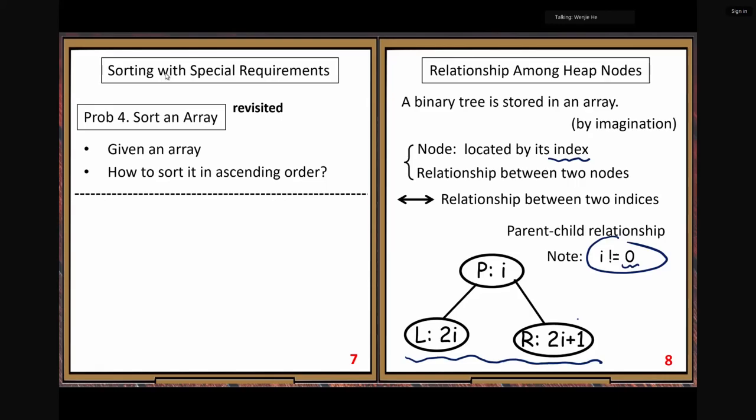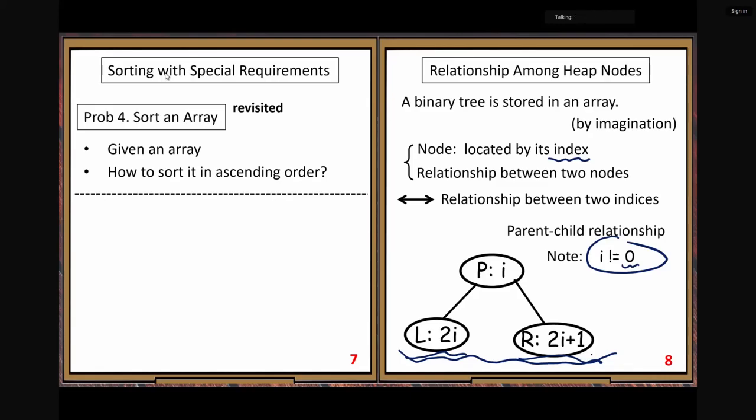Because 2i is an even number, 2i plus 1 is an odd number. All the integers you can divide into even and odd, so all the numbers are covered. You do not miss anyone. In this way, we can use an array to store a binary tree.